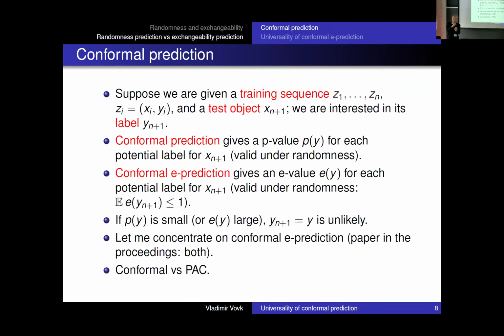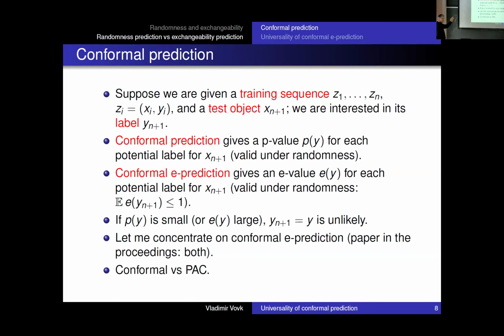So you get those p-values, and if the p-value for some potential label y is very small, it means you don't believe this y can happen. It doesn't look plausible to you. So you can reject it, and it's not in your prediction set. So conformal prediction, you can regard it as a method of producing a p-value for each potential label.